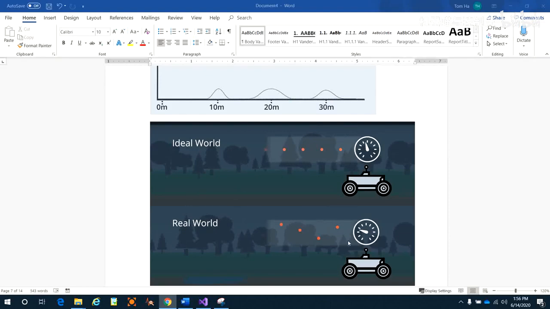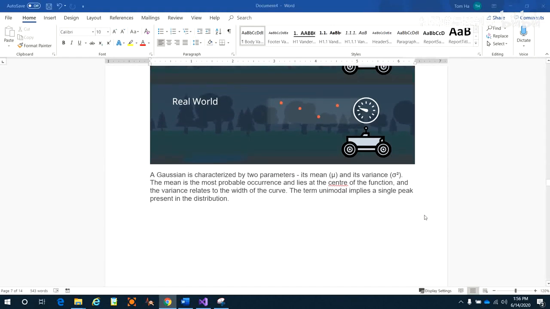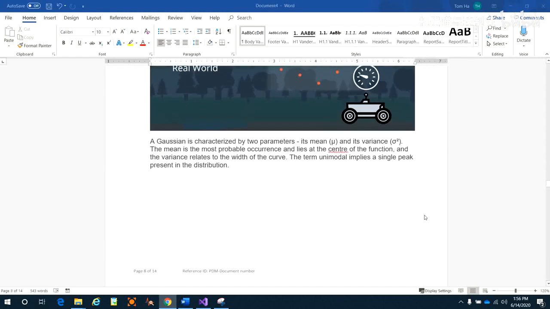But in the real world, it does not give you good data. The data goes up and down, fluctuates. People call it the noise of the equipment, the uncertainty of the sensor measurement, right? So we have to use the Kalman filter to help solve this problem. But before that, we have to understand the Gaussian.